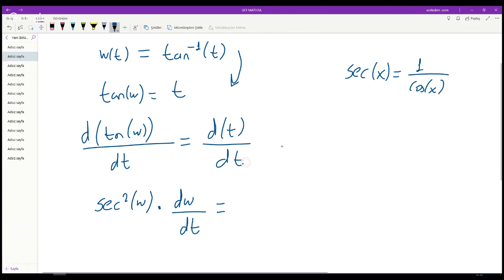dt over dt. What do you think? It's not something tricky. It's something very straightforward. dt over dt is just 1, right?